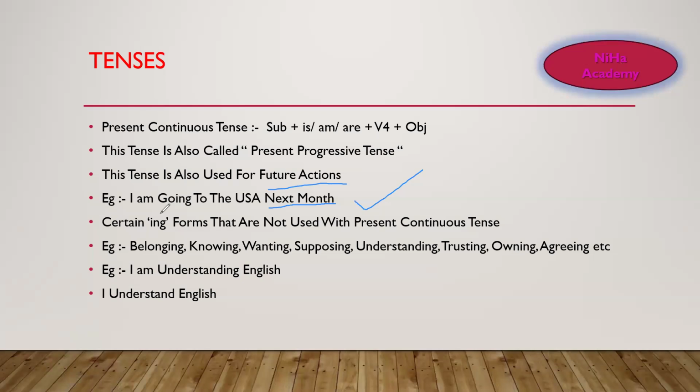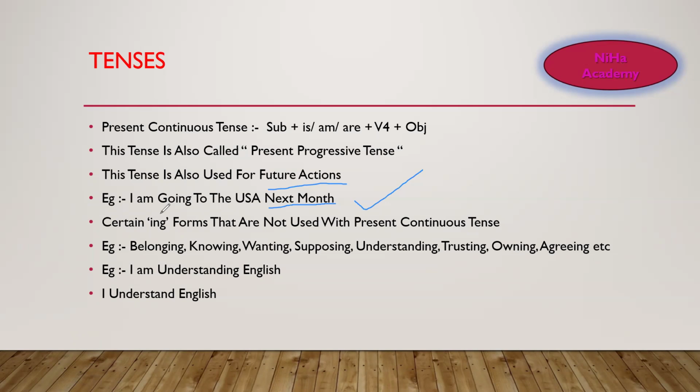Both are correct, but in examinations they give statement one and statement two, and the options are: both one and two are correct, only one correct, only two correct, none correct. They ask "I am going to the USA next month" and another statement "I will go to the USA next month."